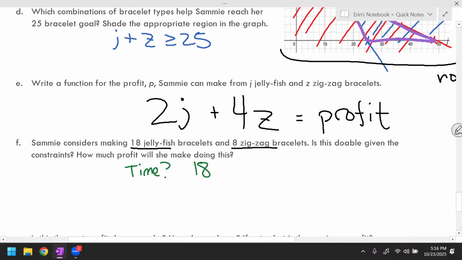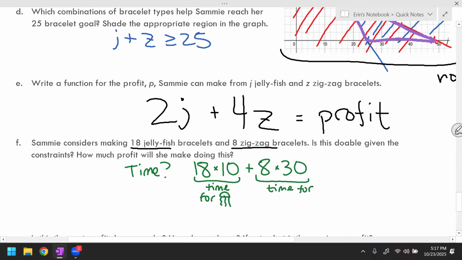Well, yeah, right? 18 times 10 minutes for each jellyfish bracelet, plus 8 times 30 minutes for each zigzag bracelet. Well, that's just 420 minutes. That's 7 hours. We have 8 hours to work with. She has time to make that many.